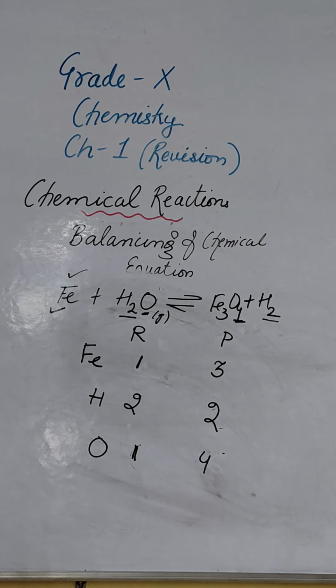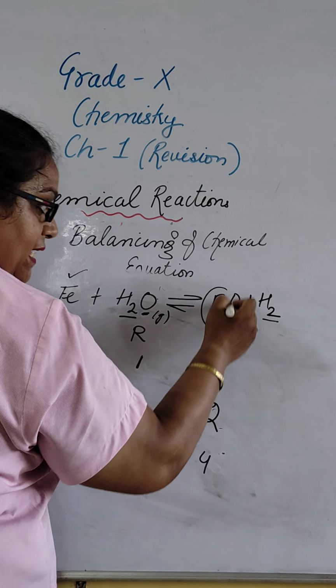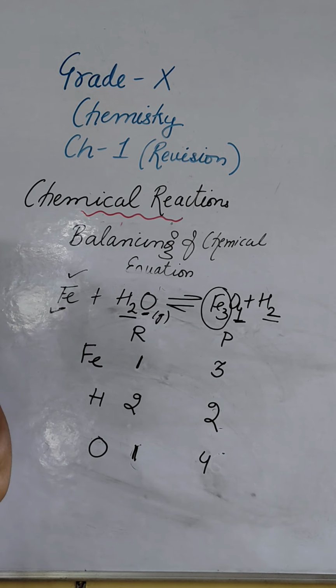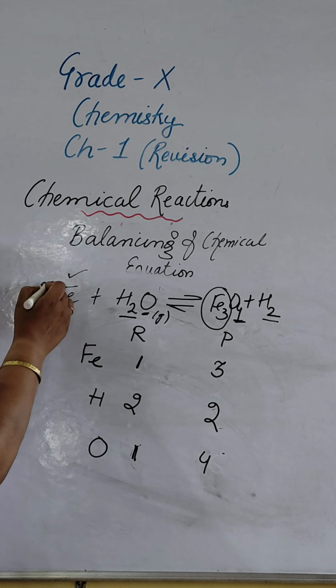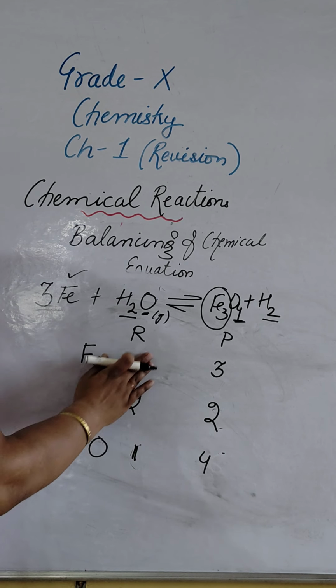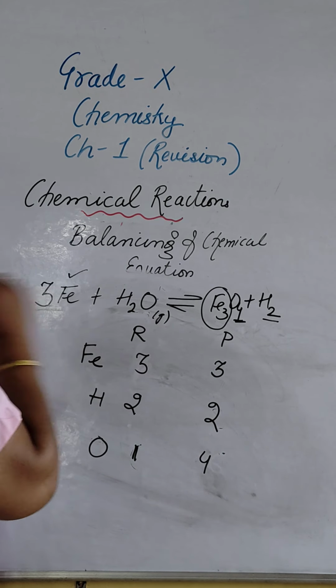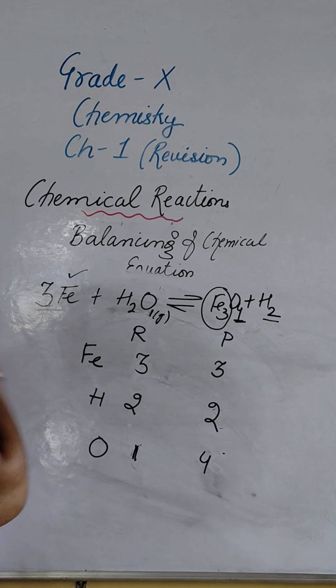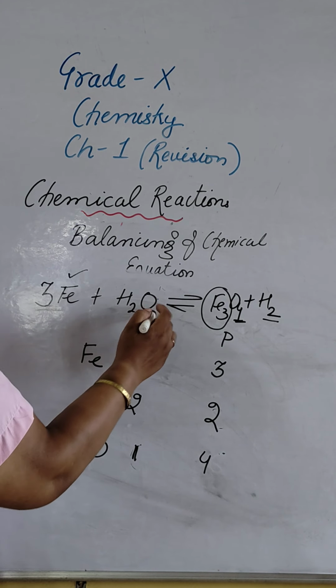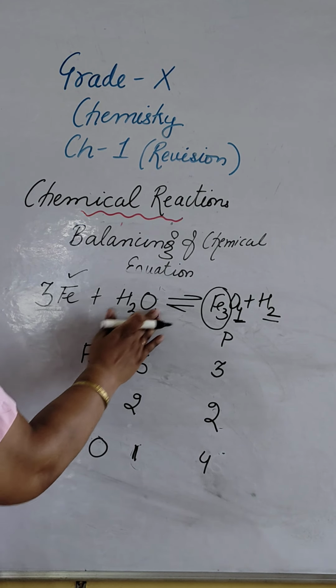First I am going to balance iron. How many iron here? 3. How many iron here? 1. So can I add 3 here? Now iron is balanced. What about the hydrogen? What about the oxygen? It is 1 here. I cannot write 4 in the formula, otherwise the formula will change.